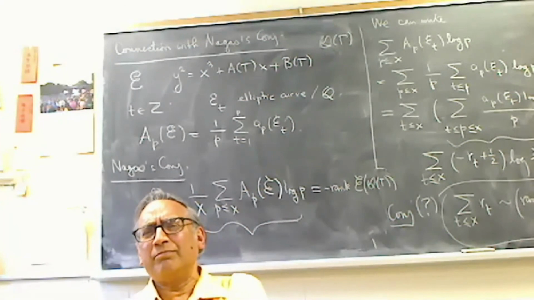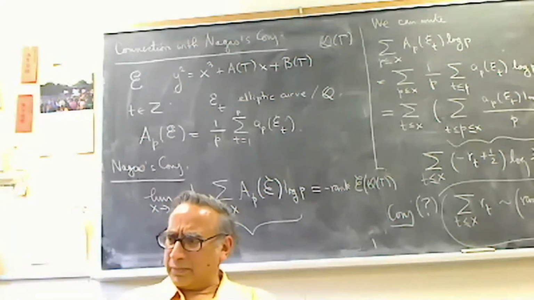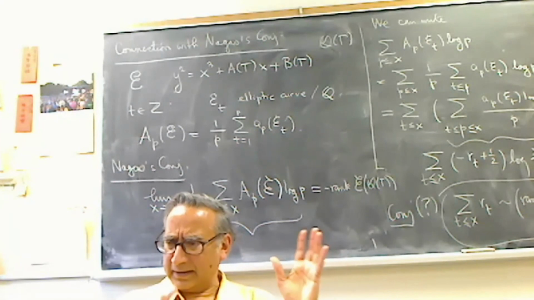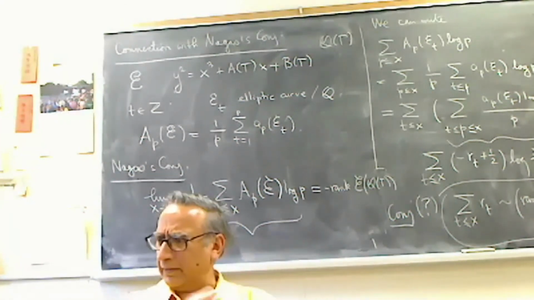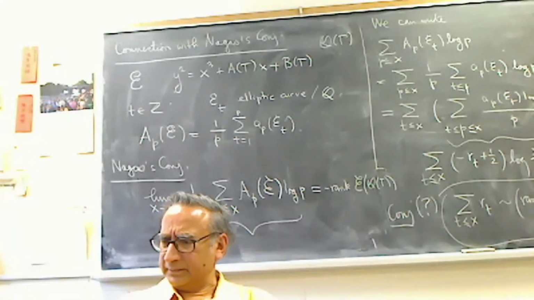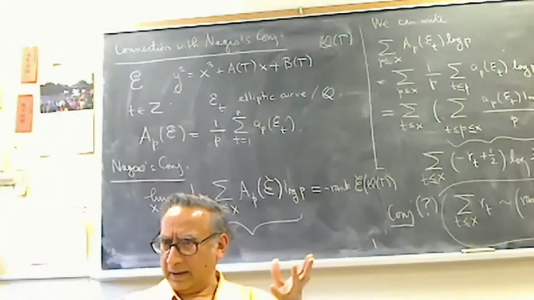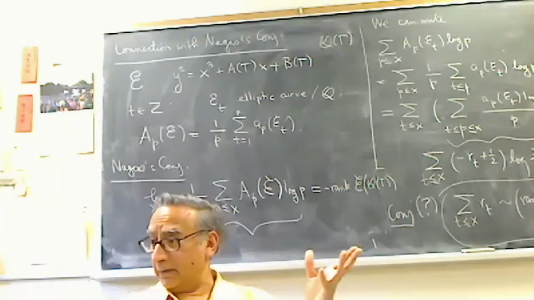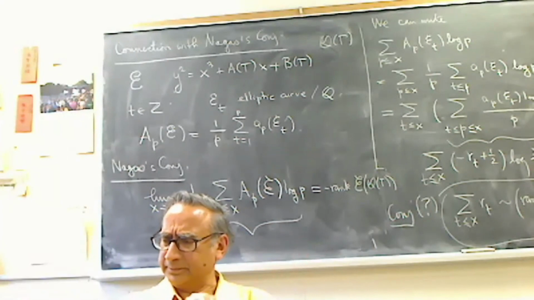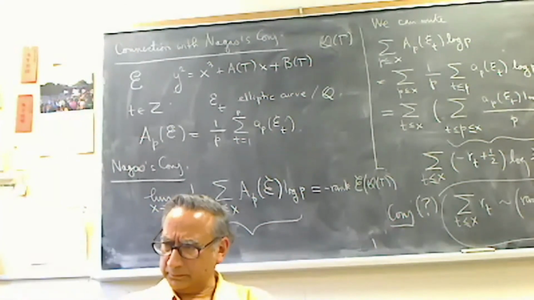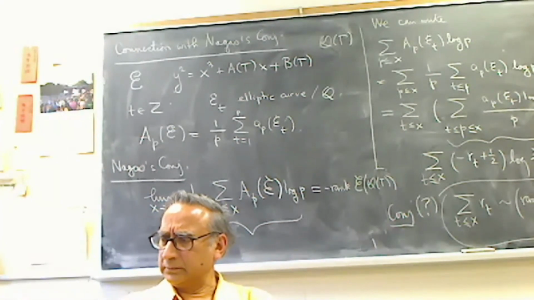I think probabilistic ideas seem to be really at the core of all this, especially if you look at Selberg's paper on the Selberg class, where it's clear that he's paying attention to the central limit theorem in the context of the Riemann zeta function. So there's something there. Thank you.